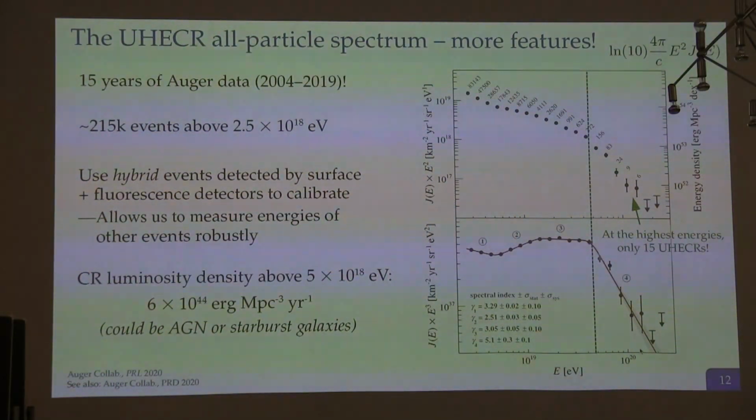And that is the level of statistics that we have today. So we are resolving more and more the different features in the spectrum, which tells us more about where this knee and second knee could be. But as you can see at the very high energies, over here, we have maybe 15 or so events detected even after 20 or so years, and even just upper limits in some cases, not really detections. So that's where we are today.